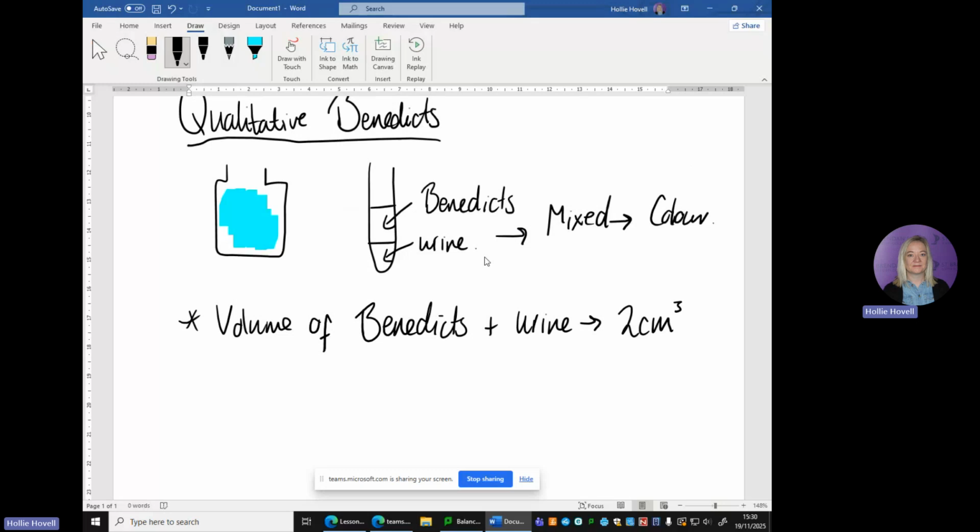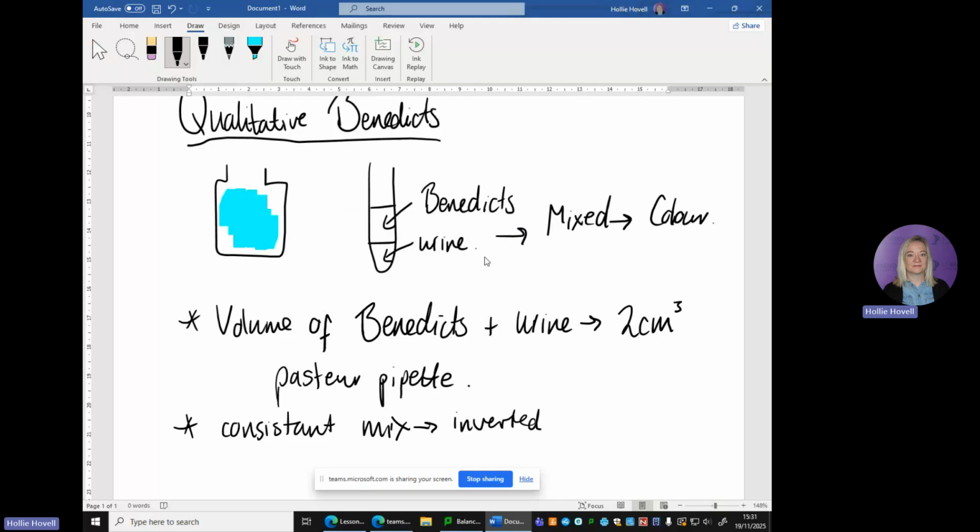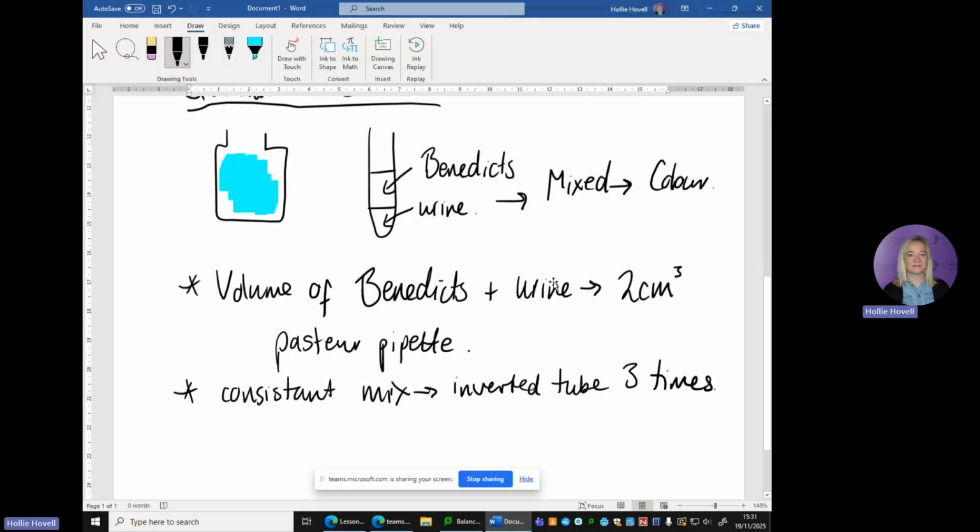And the way that we kept that controlled is that we used a Pasteur pipette to measure it, to make sure that we were always measuring exactly 2 centimetre cubed of the liquids. We then mixed it, so to ensure that we were doing consistent mixing, you could say something like, I inverted the tube 3 times to make sure they were mixed the same each time.